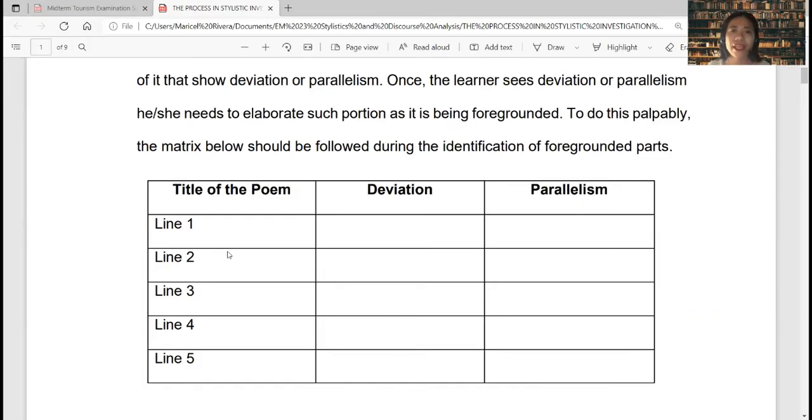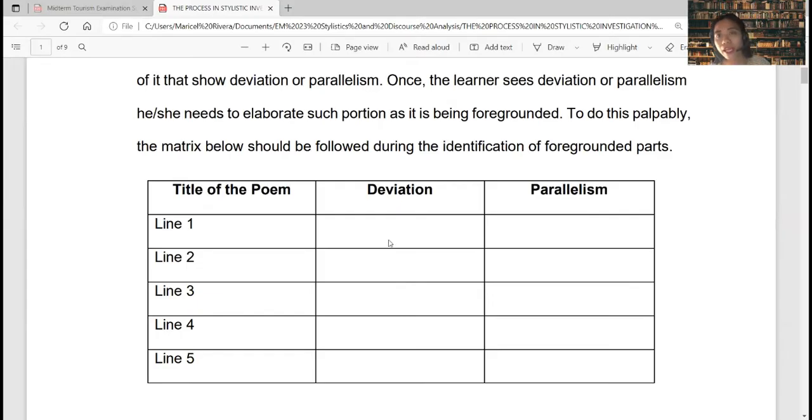So next, you're going to take a look at the foregrounded parts. Okay, so you will select or dissect, and at the same time you're going to pick some foregrounded parts. So for example, sa line 1, pag wala mo'y makita, of course you leave it blank. Pero pag naa, you are going to put it either deviation or parallelism.